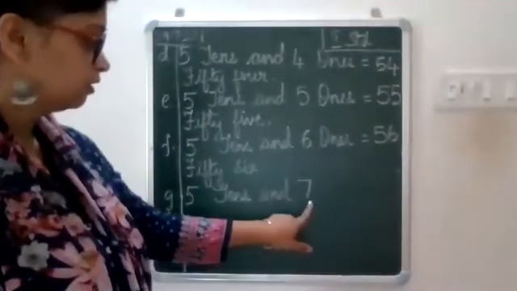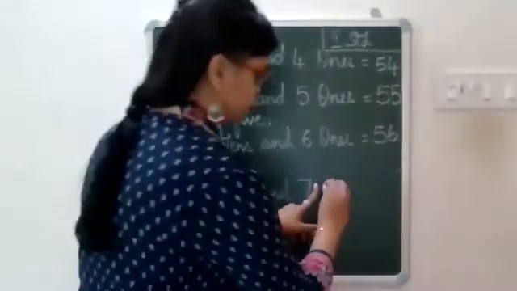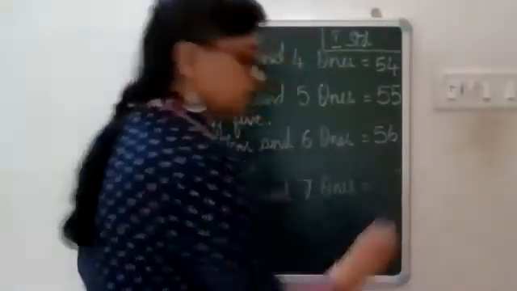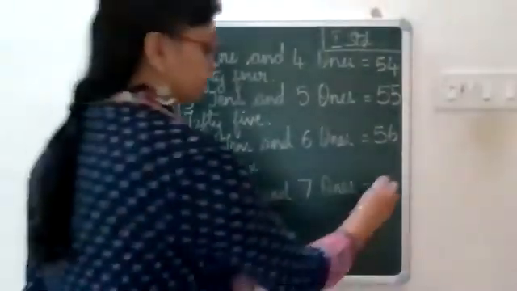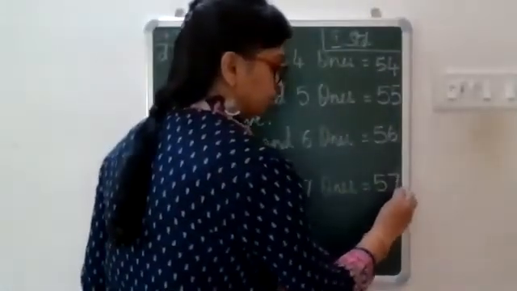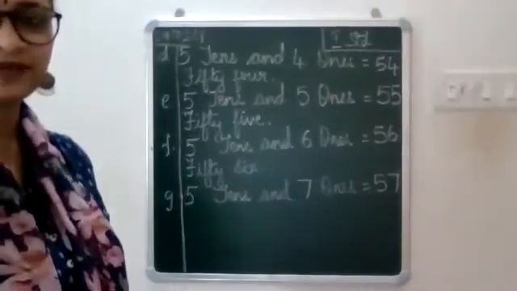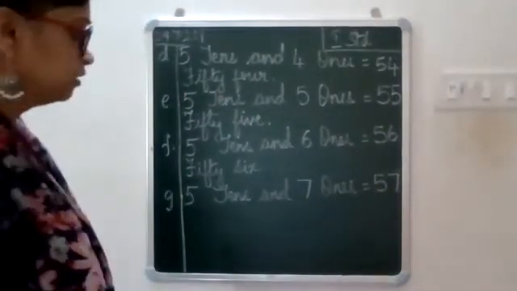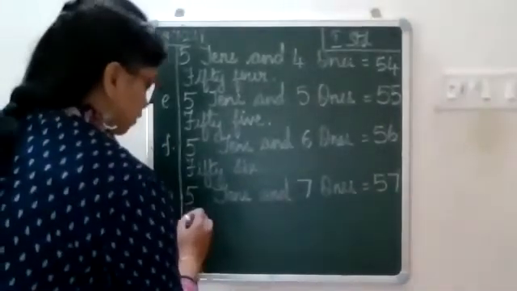Leave a finger space. Write down ONES. Ones is equal to 57. Now leave a line.